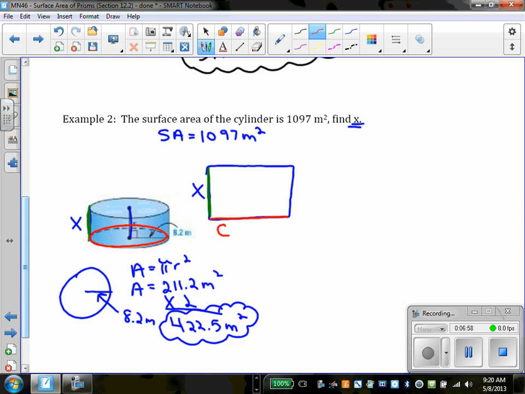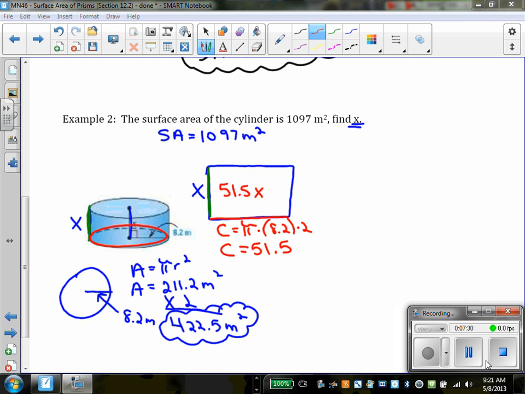So that's going to be circumference equals pi times diameter, which is 8.2 times 2. So we have pi times 8.2 times 2, and that gives us a circumference of 51.5. So to find the area in that rectangle, it's going to be 51.5 times x.